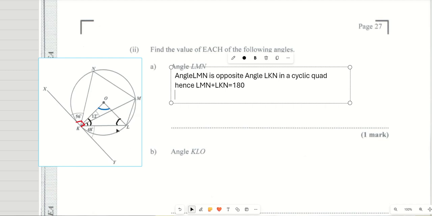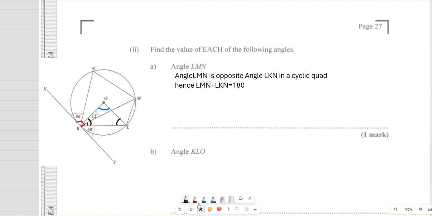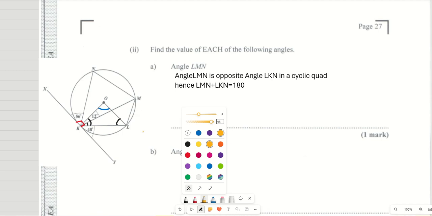So for LKN, as we were saying, that is this 30, this 12, and this space here. Alright, so let me just show you what space I'm talking about. I'll do it in yellow.